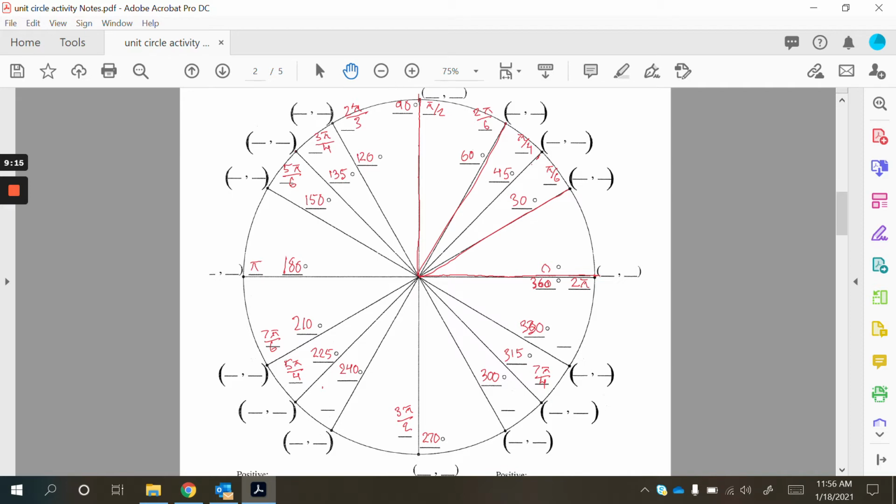We're then going to get 4 pi thirds as we simplify it. 8 pi sixths, 9 pi sixths, which would simplify into 3 pi halves.